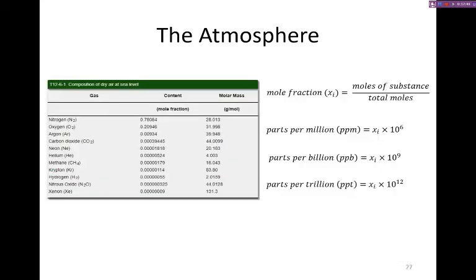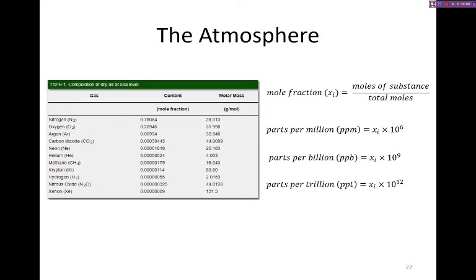As I mentioned, we use the mole fraction to describe the content, the percentage if you will, of the different components. But we can also talk about them in terms of parts per million, parts per billion, and parts per trillion. The reason we would do this is because the mole fractions of things such as carbon dioxide and neon and helium are very, very small.